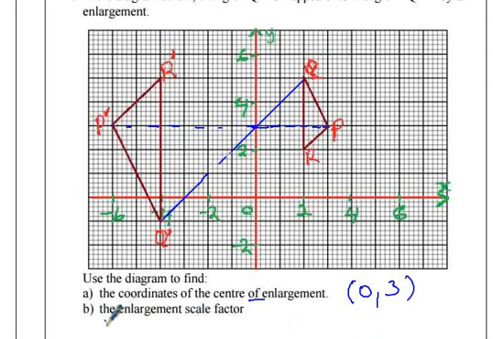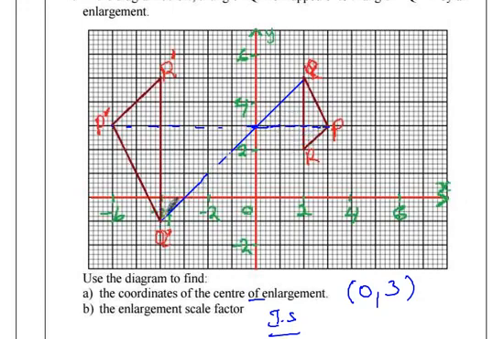Then what about the enlargement scale factor? By enlargement scale factor, we simply mean the linear scale factor, a number so that when you multiply it by the size of this object, it gives us this image. So it is image size divided by object size. This can be done in a number of ways.